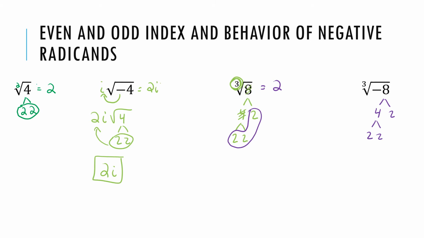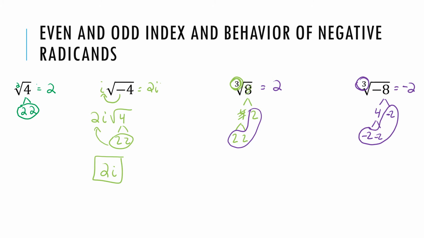If this is a negative 4, it would maybe look like this. Still doesn't work. But if I go with 4 times negative 2, I know that negative 2 times negative 2 is actually a positive 4. So I could still create 3 of the same number because the index is 3, and I can write a negative 2 outside the radical to represent that.